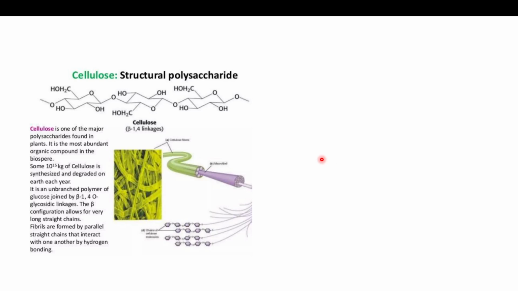Okay. So if we talk about cellulose, it is actually a polysaccharide. It is one of the most abundant organic compounds in the biosphere.